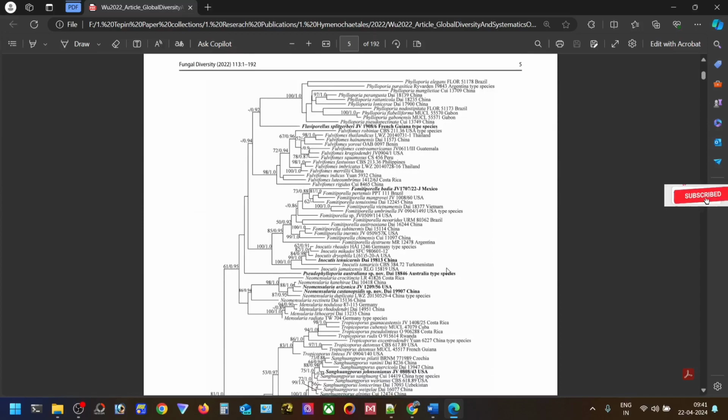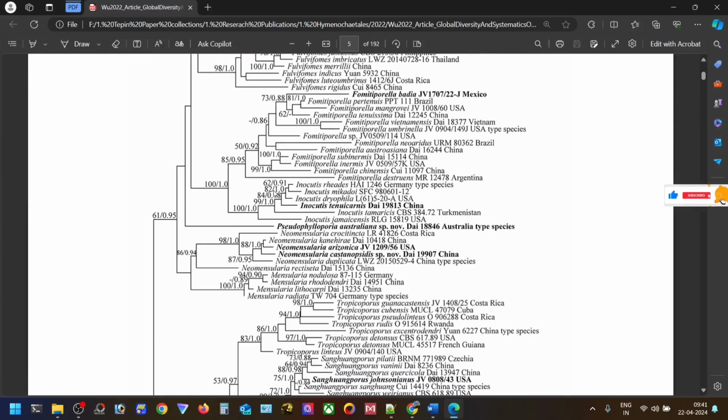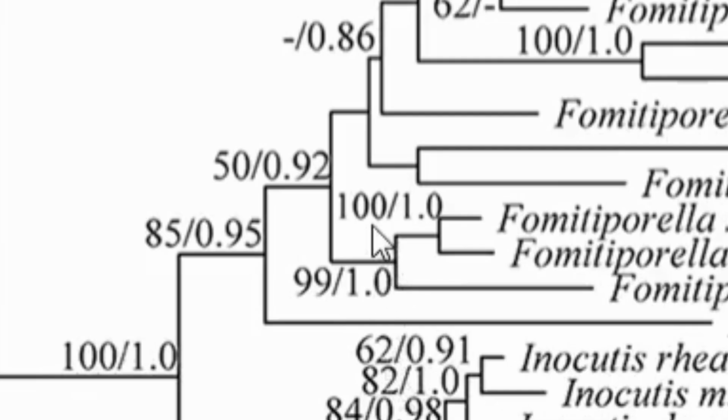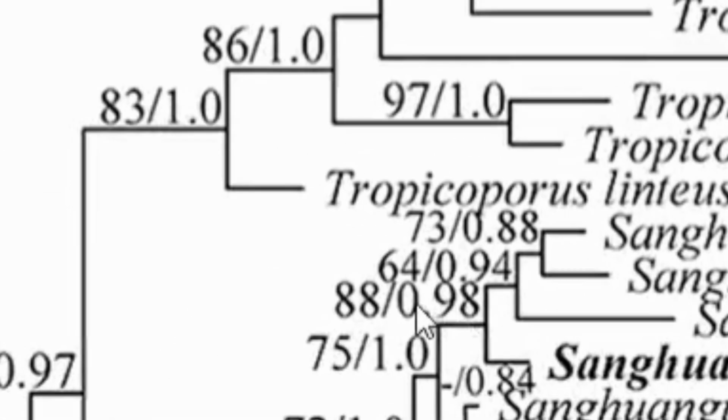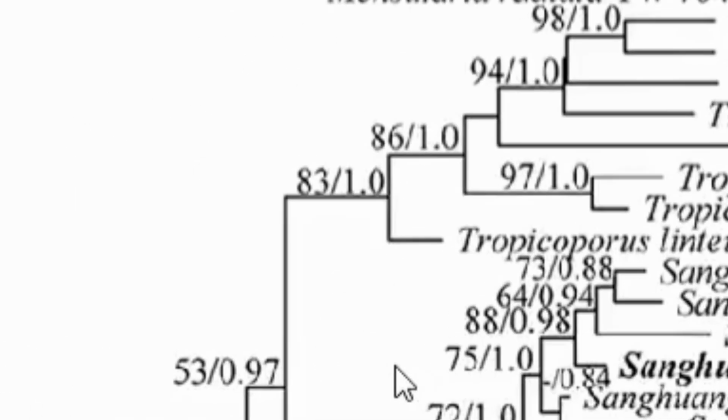Let me show you the tree. You can see here they have presented 100 bootstrap below and 0.1, 50, 0.92. So they have not presented values below 50. Maybe in these cases it was less than 50%, or maybe it didn't exist at all. So it doesn't matter. It was less than 50. That's what we know. This is bootstrap. This is your Bayesian posterior probability.